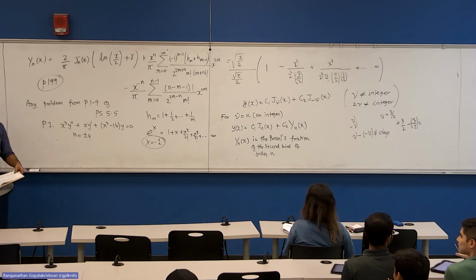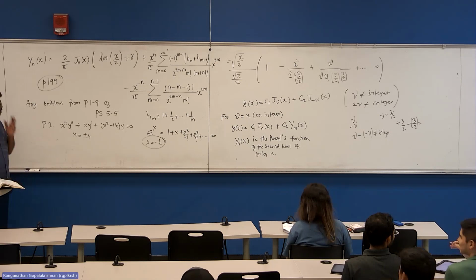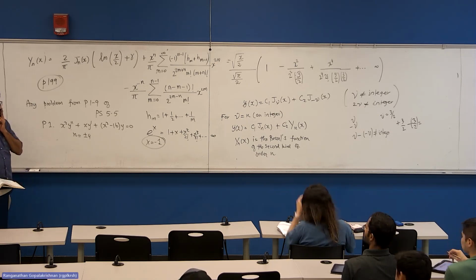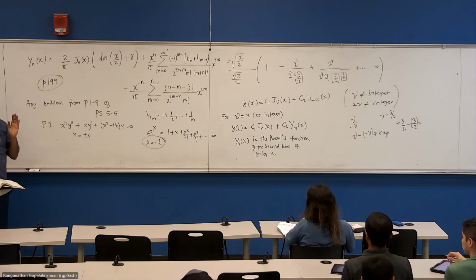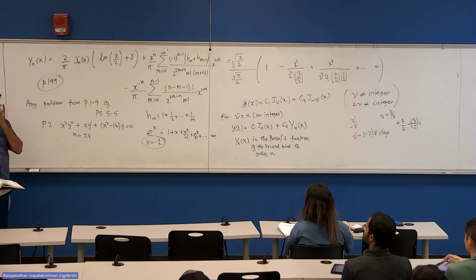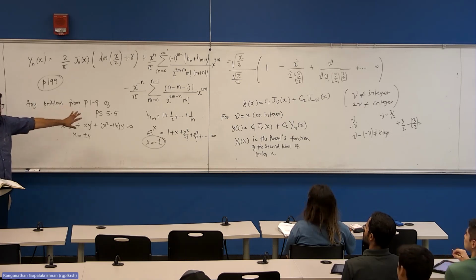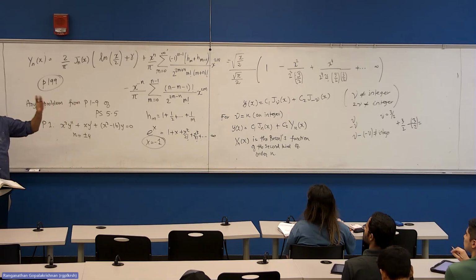Good. Okay. All right. So, to conclude, I would focus a lot more on Bessel's function than on Legendre's polynomial, because as far as my understanding is concerned, if you understand this, you would be able to work with Legendre's polynomial easier.